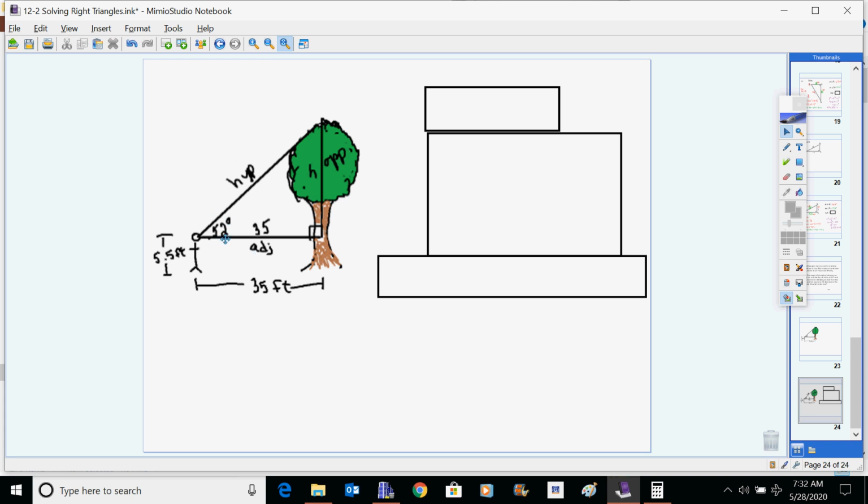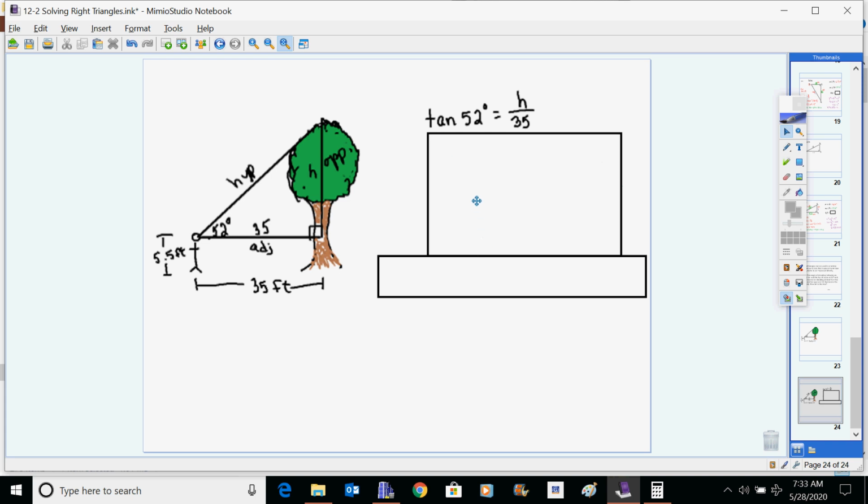Okay, we know the degrees this time. That makes it easier. We're trying to find the opposite and we're given the adjacent. Opposite, adjacent. That means we're going to use, sine is opposite over hypotenuse. Not going to help. Cosine, adjacent over hypotenuse. Not going to help. But tangent, opposite over adjacent. Yes, that's our thing to use.